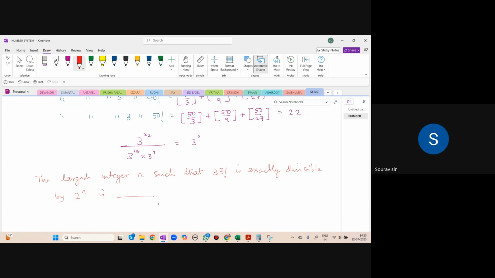Largest integer n such that factorial 33 is exactly divisible by 2 to the power n, which means that you have to find the largest power of 2 in factorial 33. So same thing.